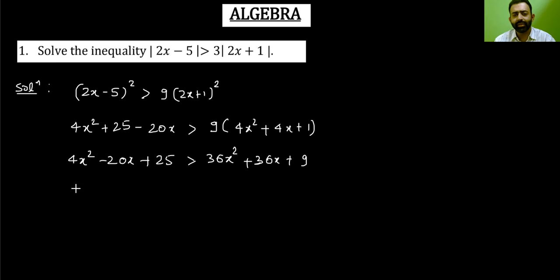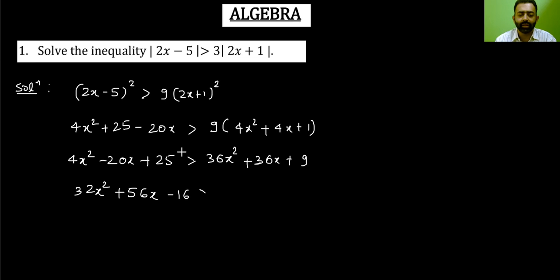Okay, now combining the like terms and transferring all the terms to one side. If I transfer this 4x square to 36x square, it will be negative. So I'm writing the final inequality, which is 32x square, this is 36 plus 20 is 56, so plus 56x, and 9 minus 25 is minus 16.